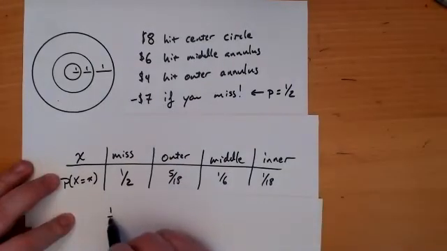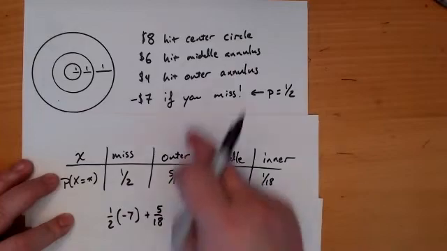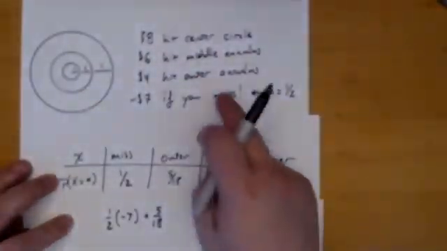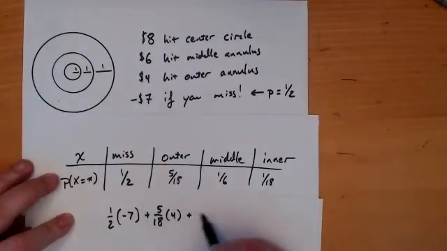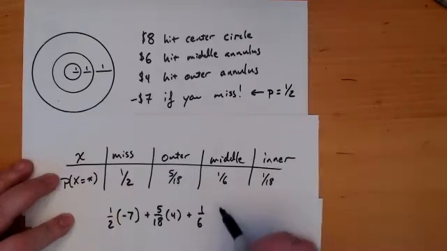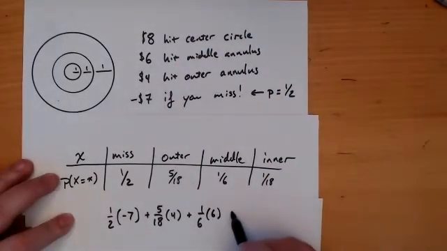So this is 1/2 times -7. 5/18 of the time, you will win. The outer one is $4. 1/6 of the time, you will win $6.